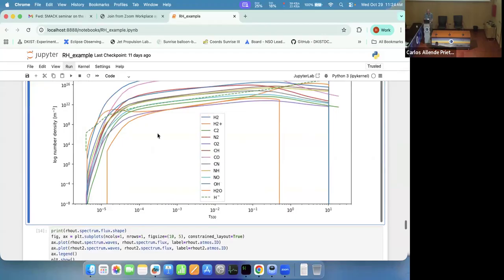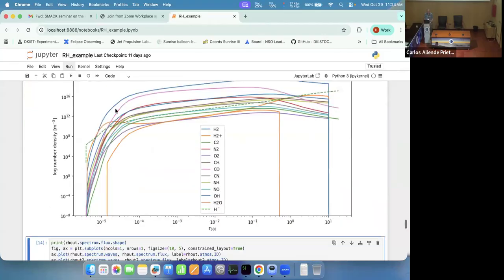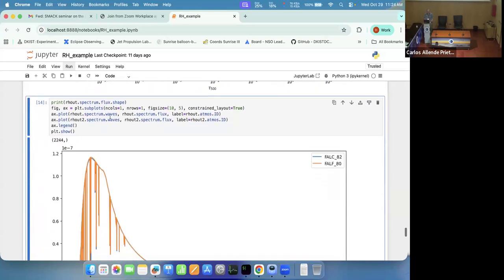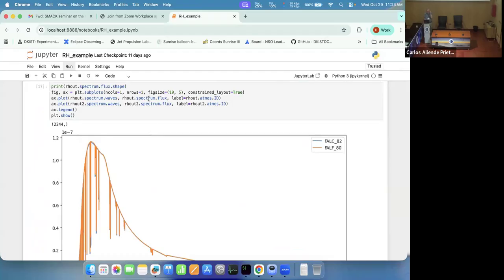And here I should run this, I guess. So here is now the flux of the two models. So RH out spectrum.flux has the flux for all wavelengths.